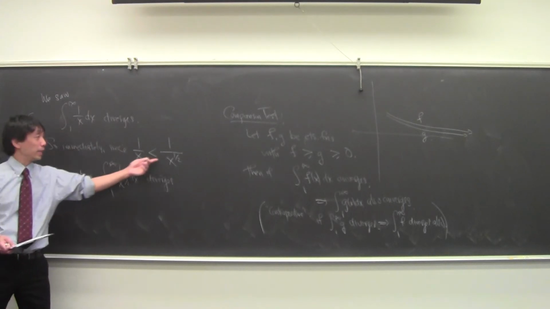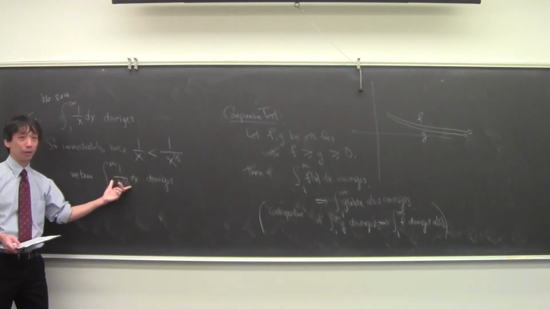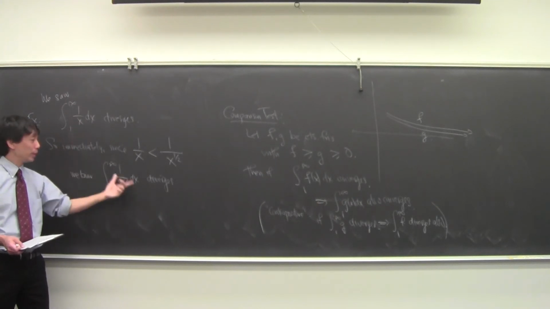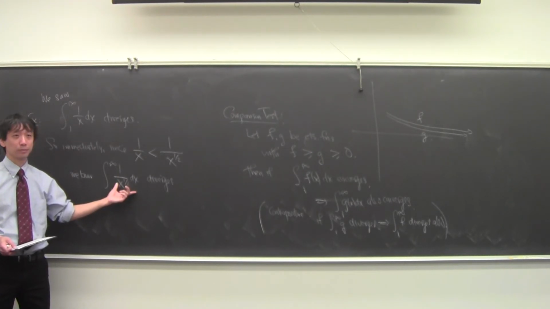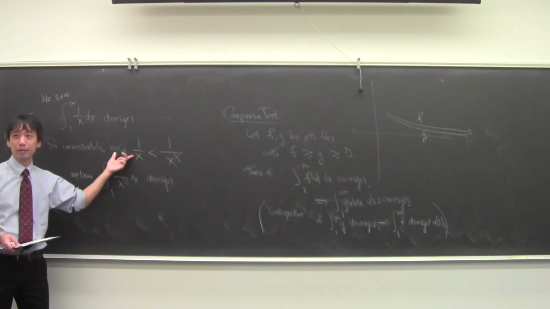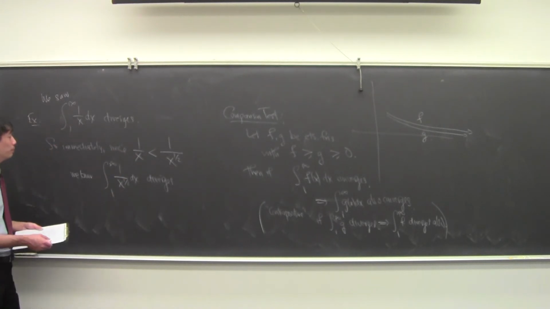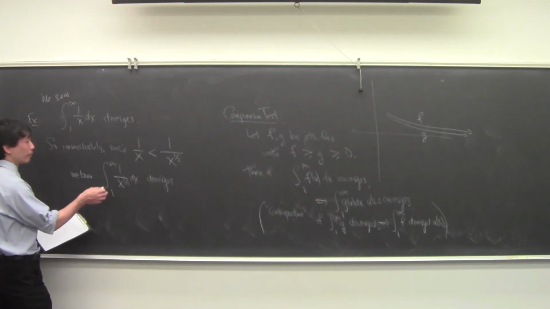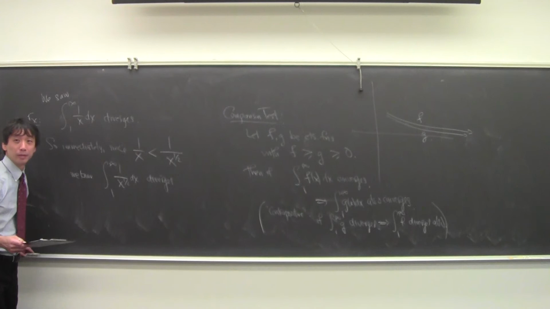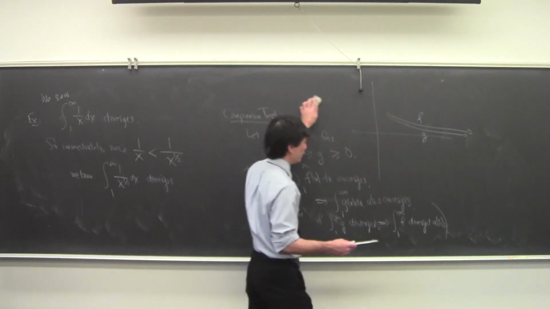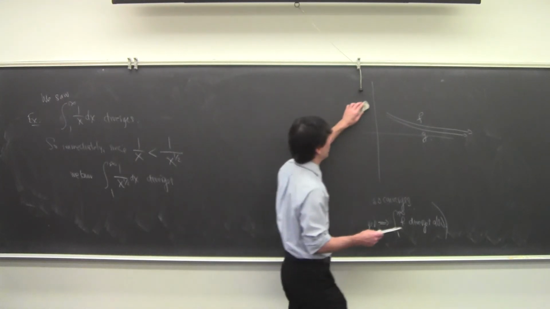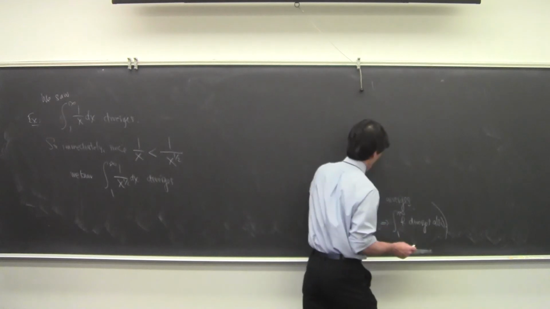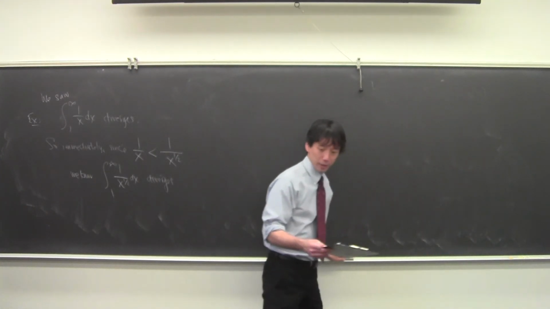Right? Because this thing is bigger than that thing. So its integral, the smaller guy diverged, so the bigger guy is going to also diverge. Is that okay? Okay, so we sort of got part of the range already.